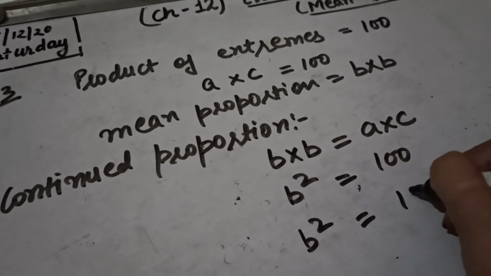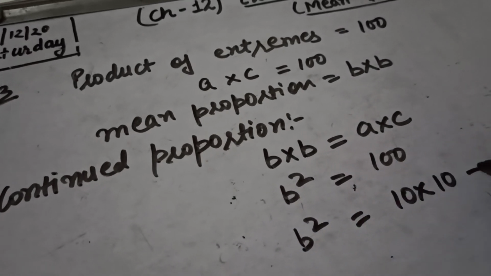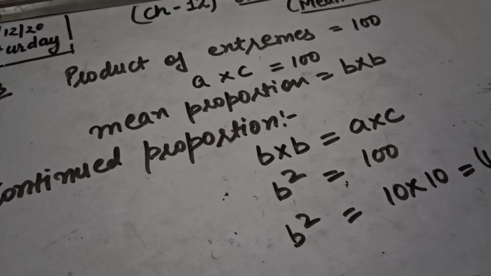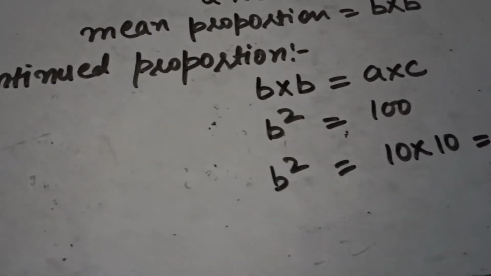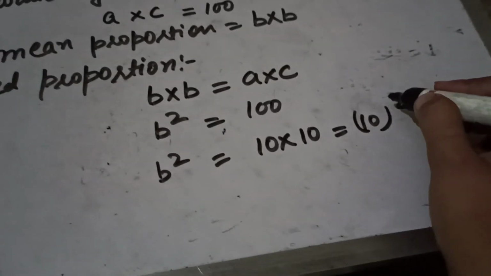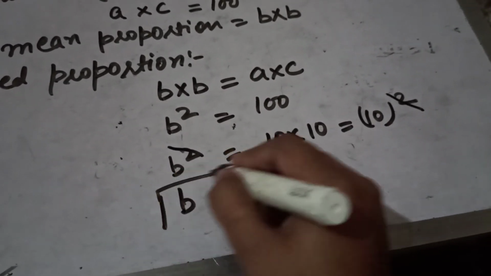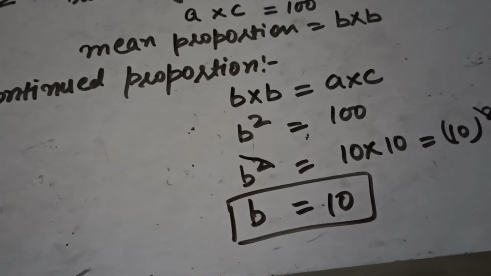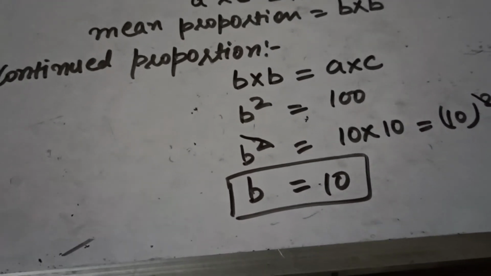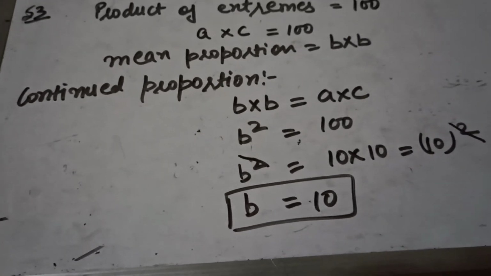Can I write this 100 as 10 multiplied by 10, which is equal to square, right? I can write it like this. Square cut by square and the value of B equals 10. So the mean proportion is equal to 10. Clear?